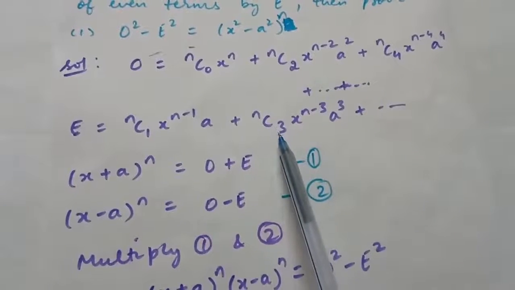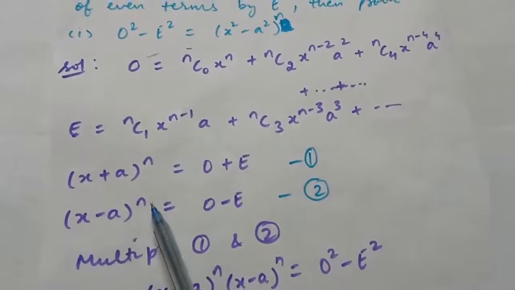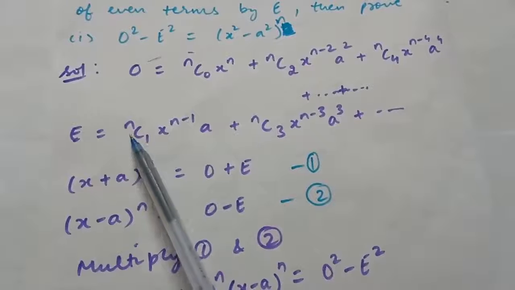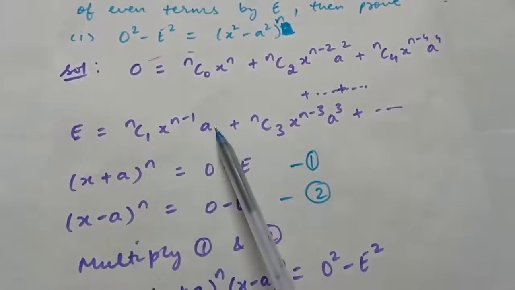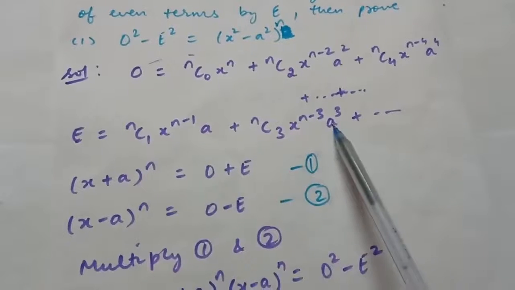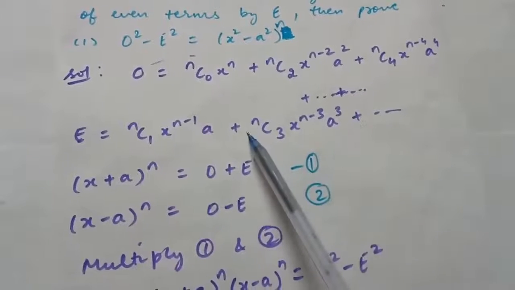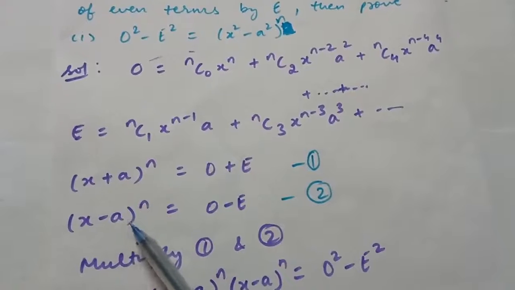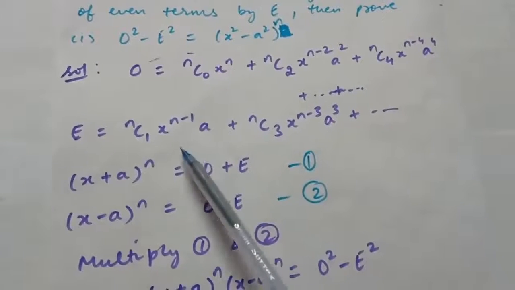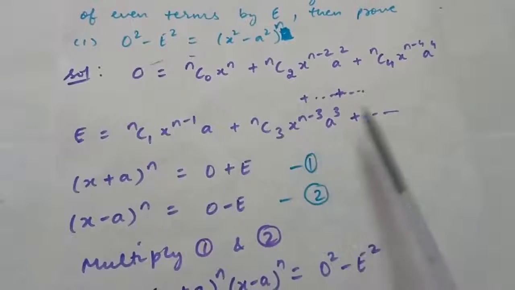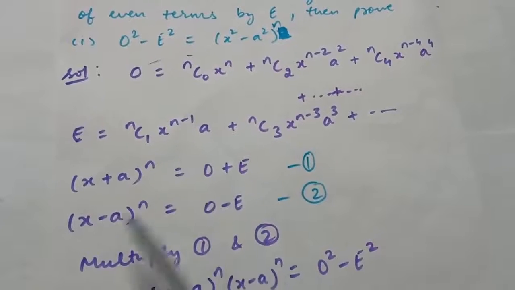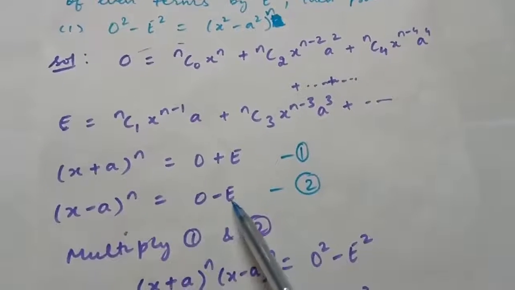But in even terms of (x − a)^n, all the terms will include a minus sign, because (−a)^1 gives minus, then (−a)^3 also gives minus. So this is nothing but O minus E. Why? Because each even term will have a minus sign, therefore this will be nothing but O − E.